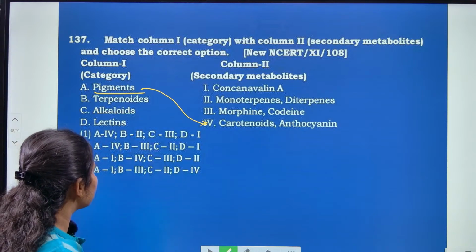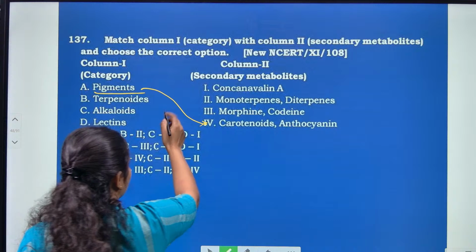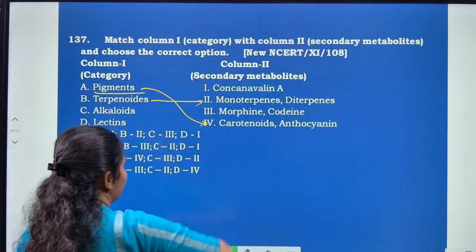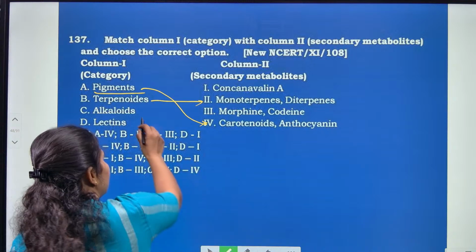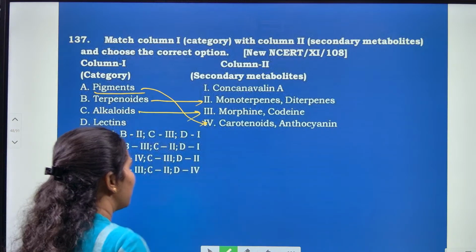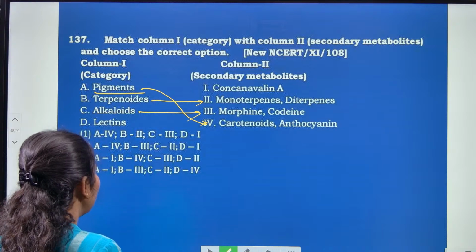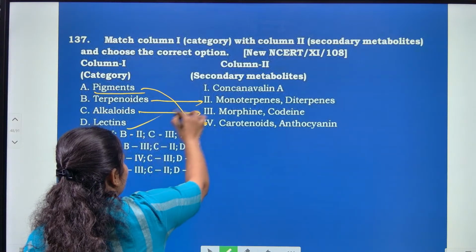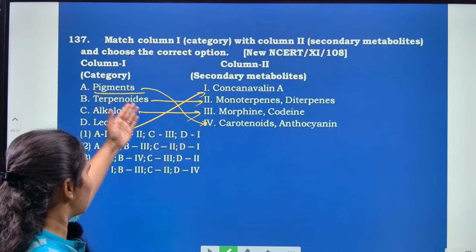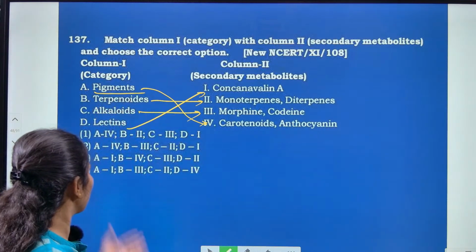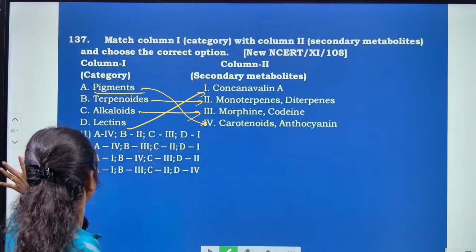Then terpenoids, they are the monoterpenes as well as the diterpenes. Then the alkaloids, they are the morphine as well as codeine, and the lectins are concanavalin A. So I have matched it. You can go with the options given below.